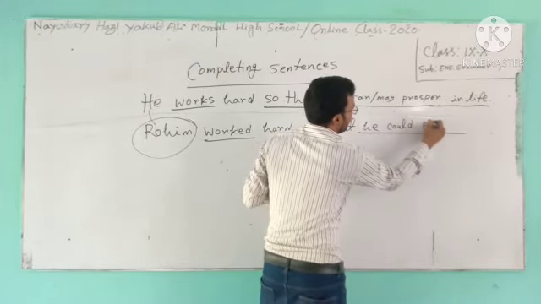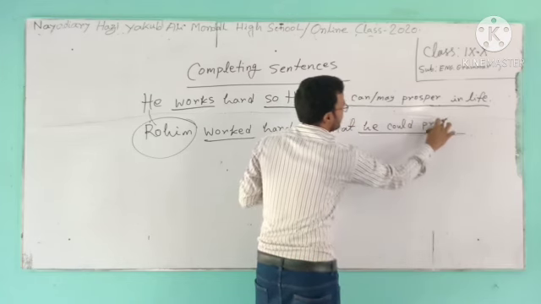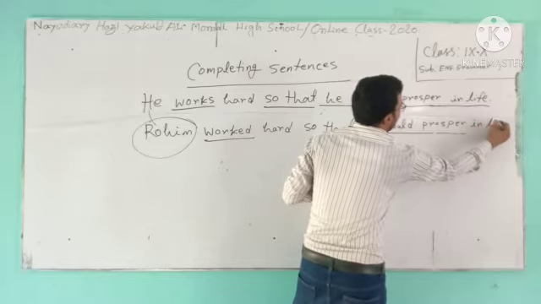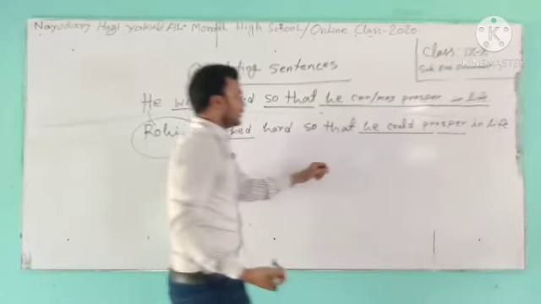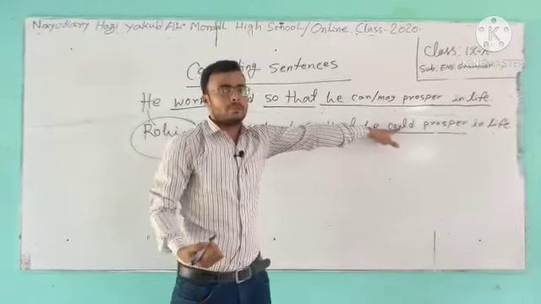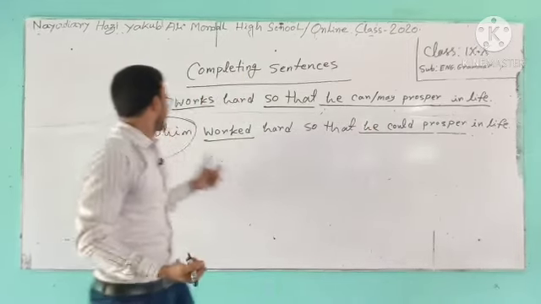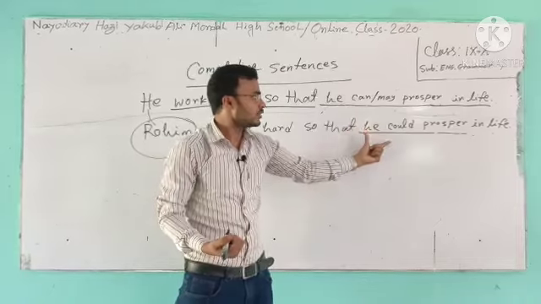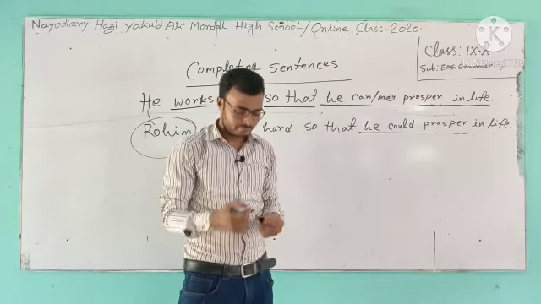Could prosper in life. Here you can use might also. So: Rohim worked hard so that he could prosper in life.